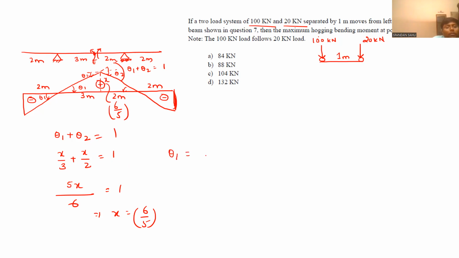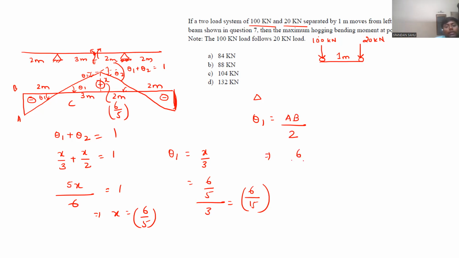Now theta 1 will be x by 3. So x is 6 by 5 whole divided by 3, so 6 by 15. So theta 1 is 6 by 15. Now for this triangle, if this is ABC, for triangle ABC, theta 1 will be AB by BC. BC is 2 and theta 1 is 6 by 15, equal to AB by 2.